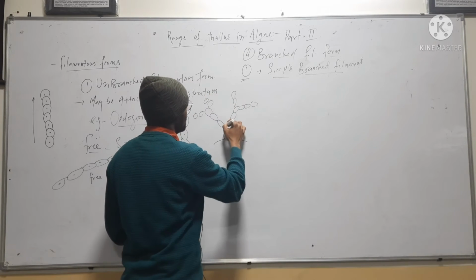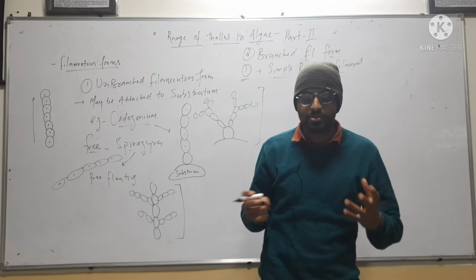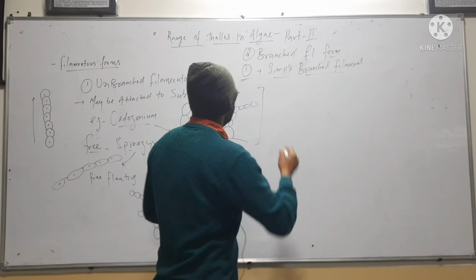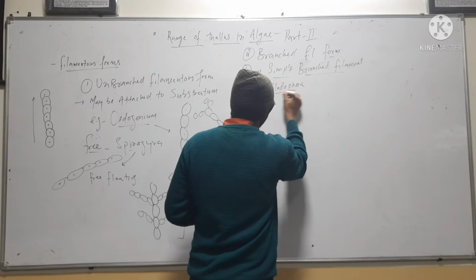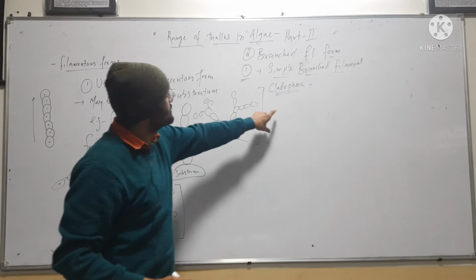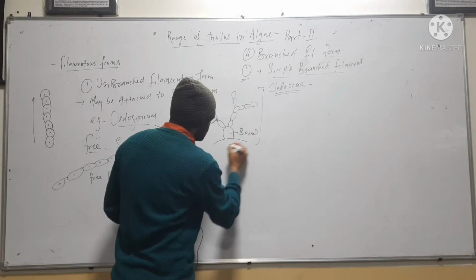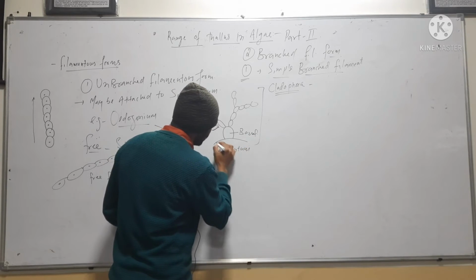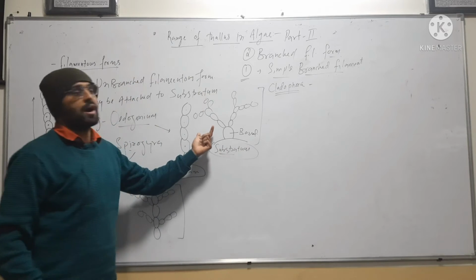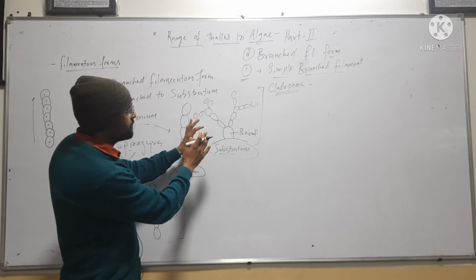So this is called simple branched filament. Example of this is Cladophora. A basal cell is attached to substratum and it is simply branched. Simple type of filament are there.